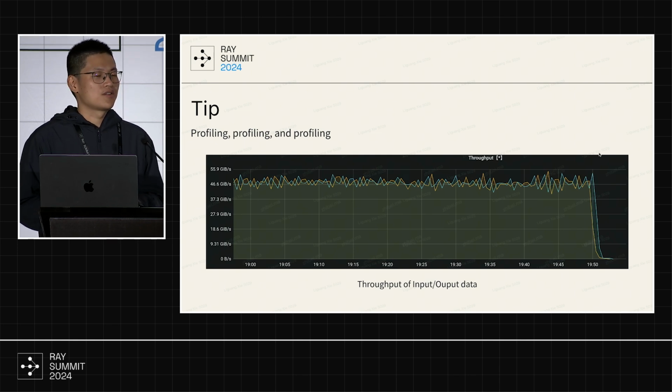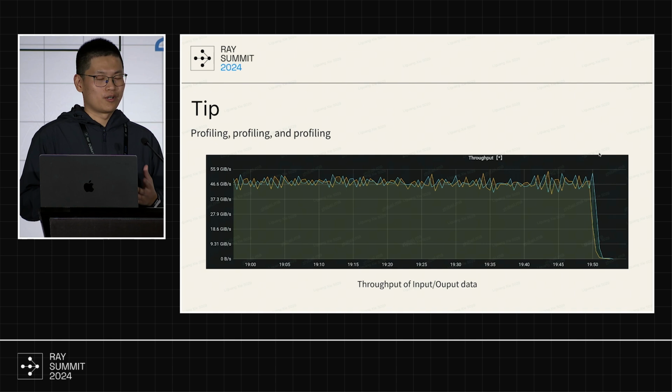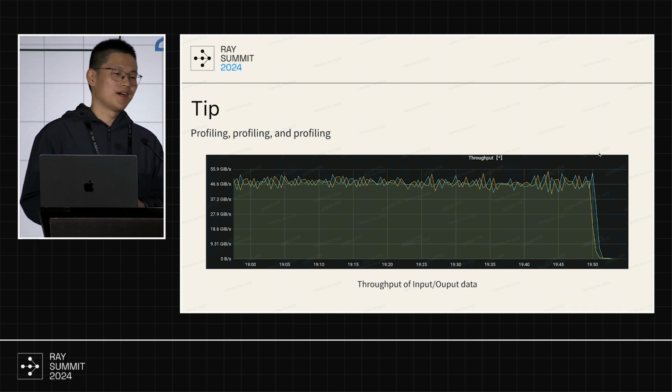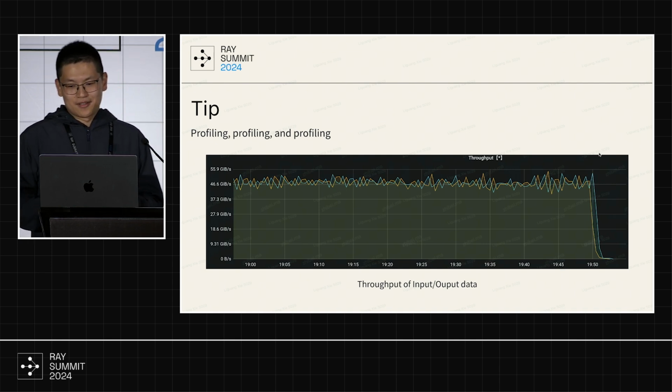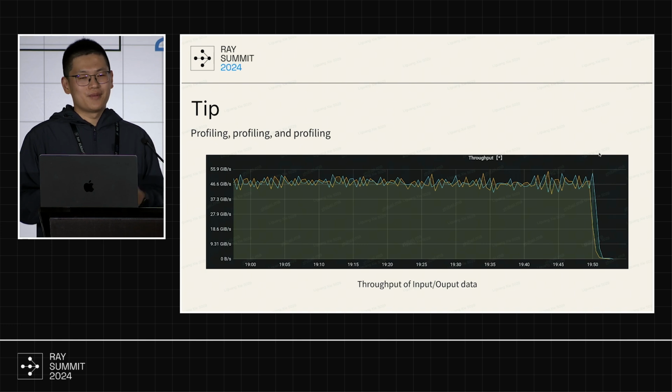Finally, I just want to share one tip from using Ray for a while: profiling and benchmarking, for me, is always the first thing to do. Profiling gives me a better understanding of how the system performs, and it sets a baseline for you, especially in the early stage of the project.